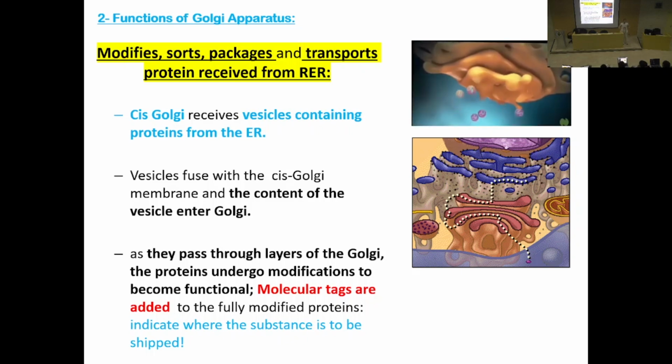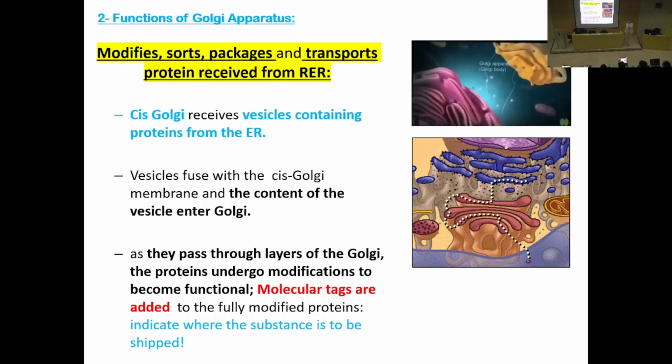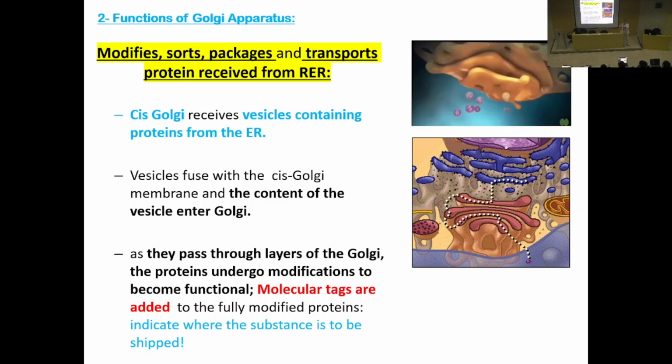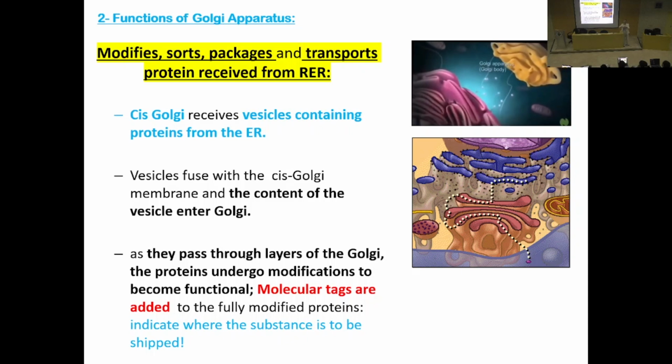All right? So the protein does not leave the endoplasmic reticulum on its own. It will be enclosed in the vesicle, go to the Golgi, to the cis face. It will fuse with the membrane of the cis face of the Golgi and the protein will go inside. Okay? So this is how the protein moves from the endoplasmic reticulum to the Golgi.